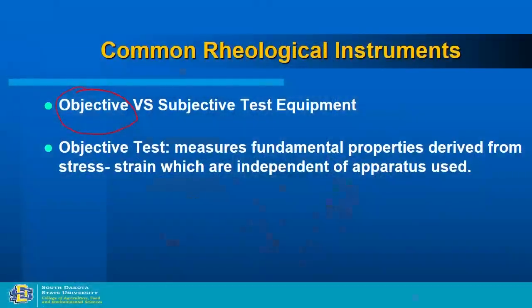So that's the difference between objective test and subjective test. Make sense? When we do the actual instruments, you will know a little more about it. So an objective test measures fundamental properties derived from stress and strain which are independent of the apparatus used. That's what objective test means for our discussion.